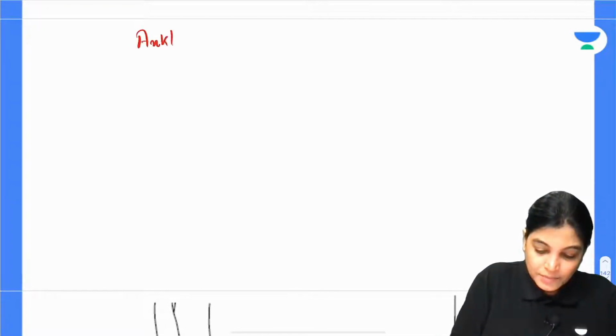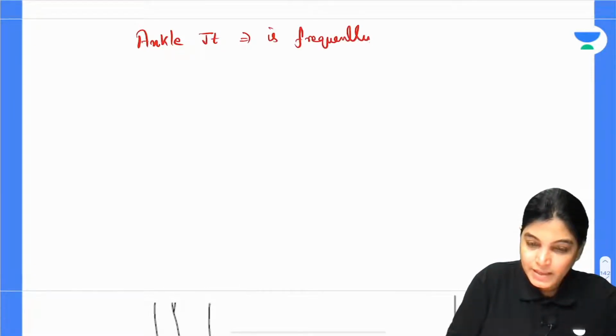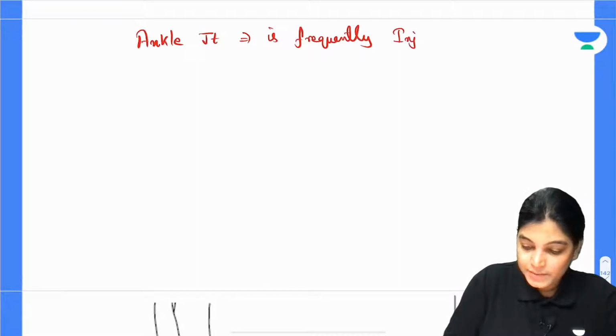The ankle joint is the most frequently injured joint.